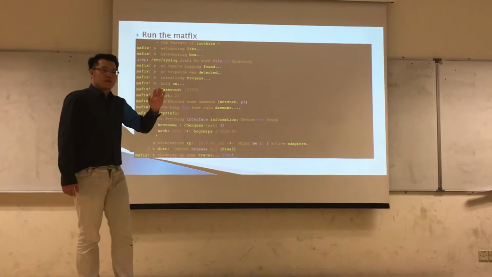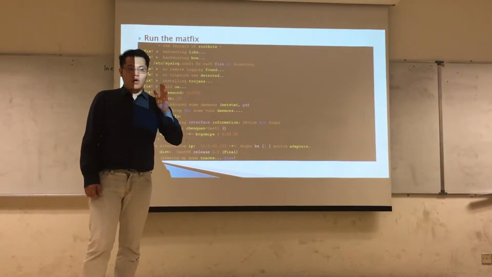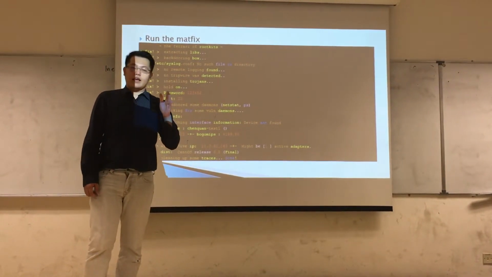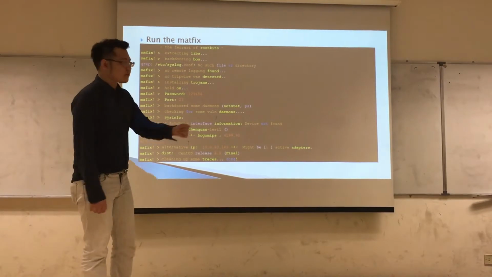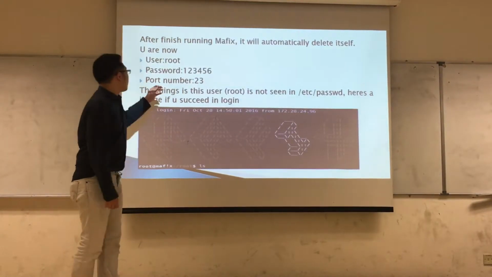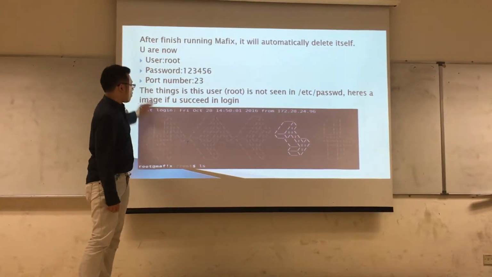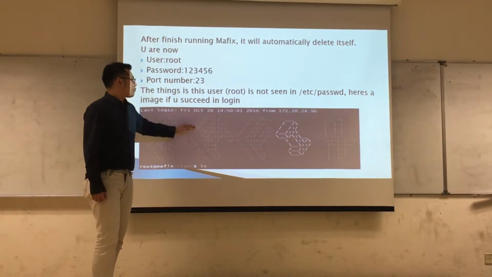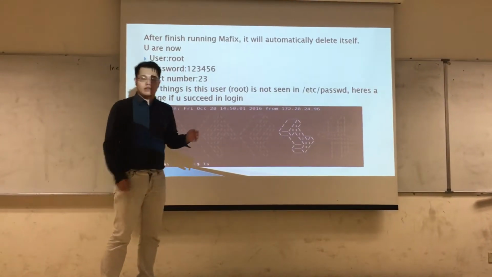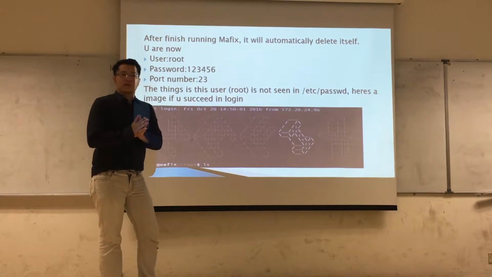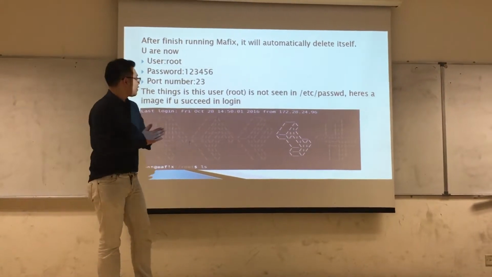Now, Mr. Black has his own access code, aka the backdoor. Now, as you can see, this is the Matrix working, and the Matrix will automatically delete itself after all the installation is complete.